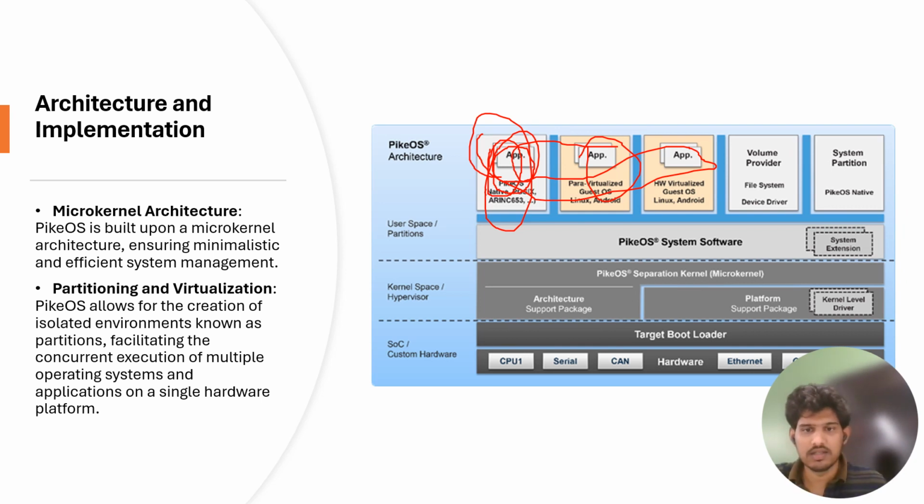You can see that Linux, Android, any operating system can be run in parallel on a single hardware system. That's the advantage of PikeOS, where it can run multiple operating systems on a single hardware platform.